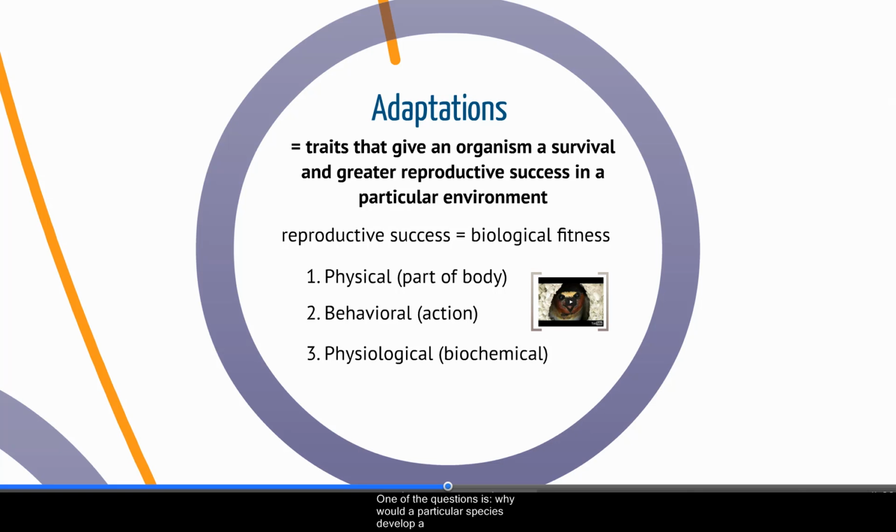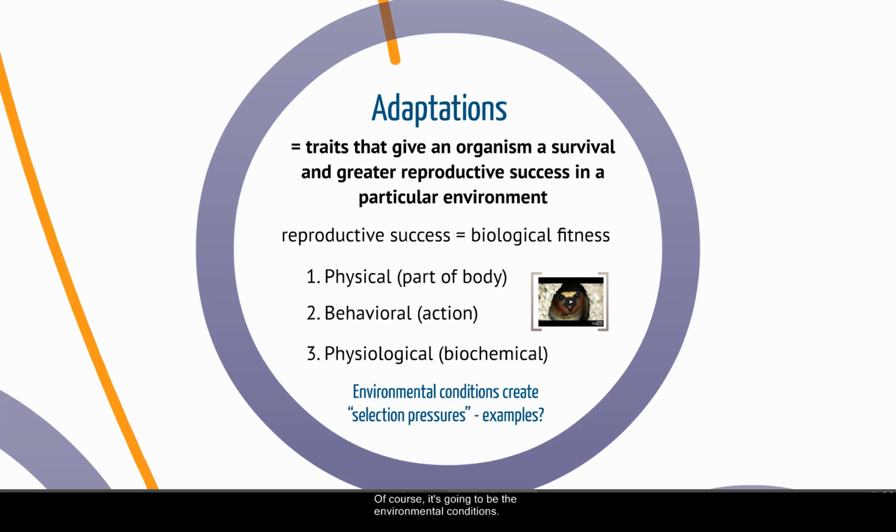So one of the questions is, why would a particular species develop a particular adaptation, be it physical, behavioral, or physiological? And of course, it's going to be the environmental conditions. The environmental conditions will create what we call selection pressures.